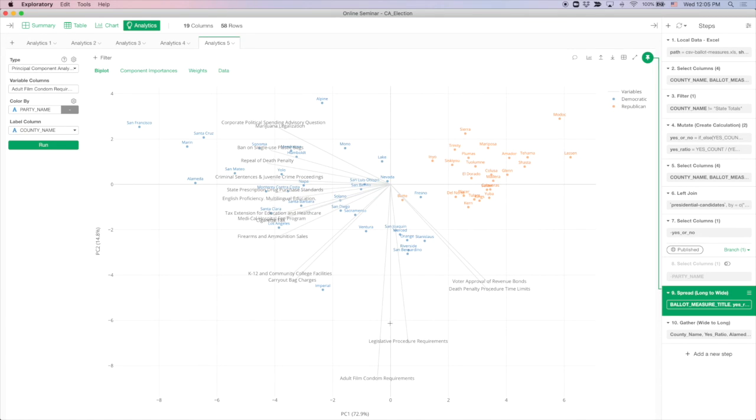But when you look at these two measures, also the death penalty vote approval, these measures are not so much of an indicator to predict whether a county is going to be Democratic or Republican, because even inside the blue counties, some of the counties go this way. But the interesting thing here is that for these two measures especially, their zero is right here.